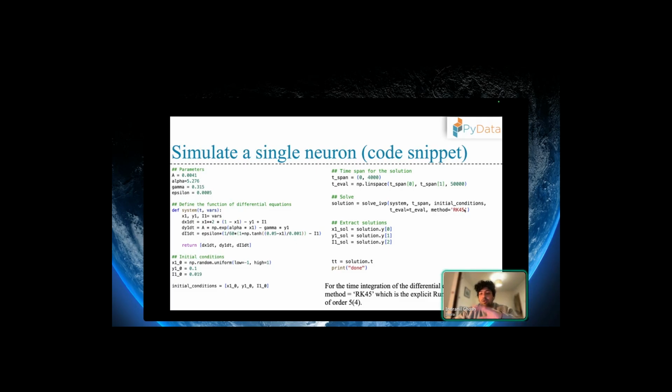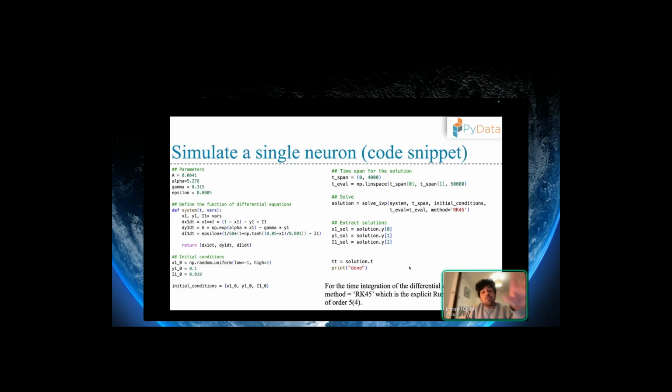But for now it's all right. We can run the simulations with this RK45, and then we can test with other methods as well. After you do that, you extract the solutions which you have here, and then you collect the timestamps as well. That's what you do with Python.